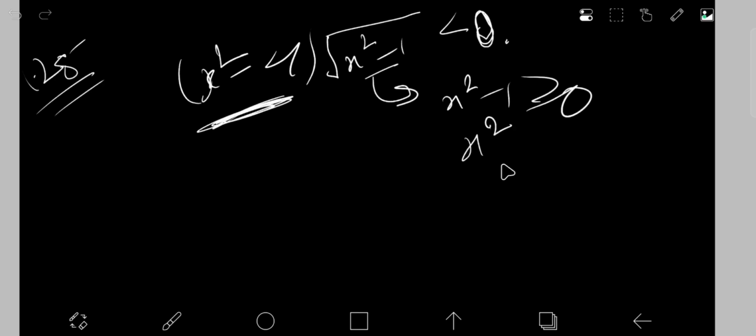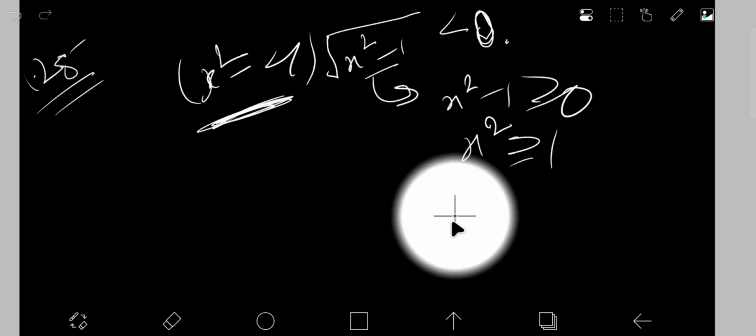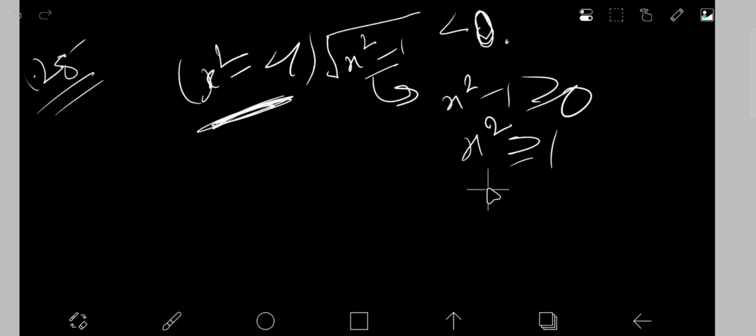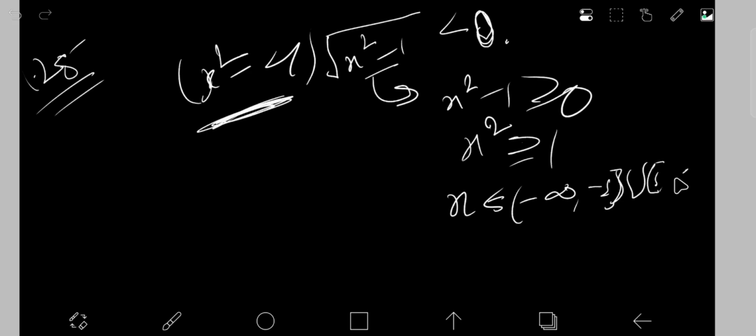So x square is greater than or equal to 1 and we get x greater than or equal to 1 or x less than or equal to minus 1. So x belongs to minus infinity to minus 1 closed interval, union 1 to plus infinity.